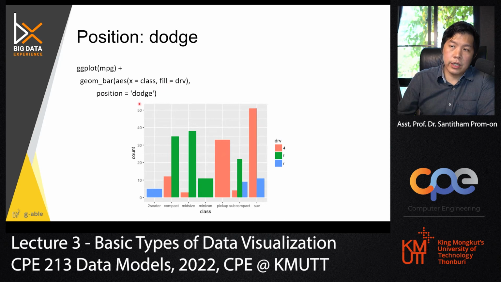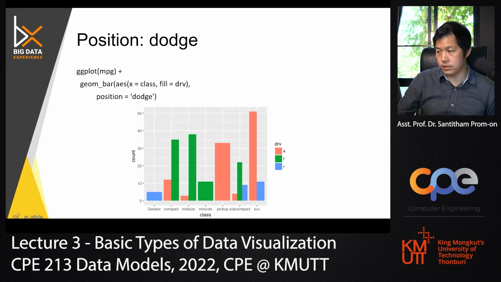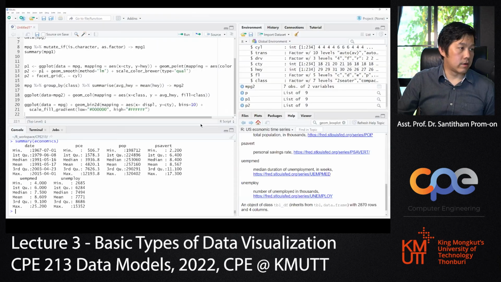And when I use position dodge, the fill value here would be split. So you have one color per bar, and they are on the same base level. You might have seen this type of graph in an author report. Let's try that.